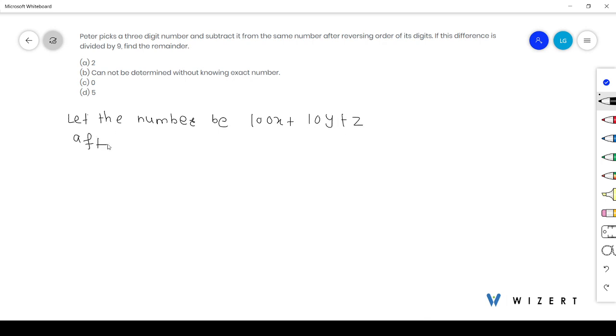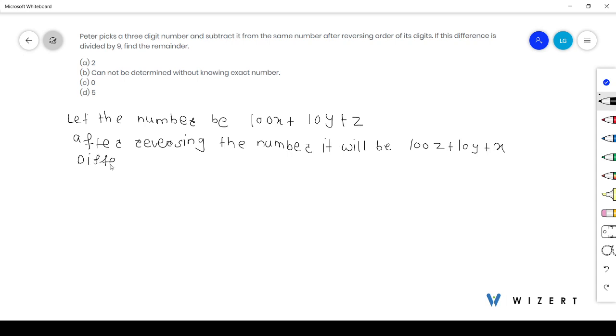So after reversing the number, it will be 100z plus 10y plus x.